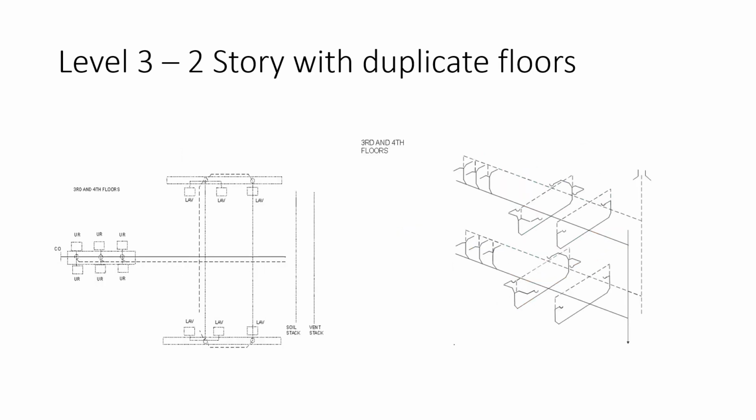Now, what I call a level three is when you're doing a two-story. They'll give you a diagram something like this, and they'll say it's the third and the fourth floor, and then what you'll have to do, of course, is convert it to a multi-story, which you see there on your right. That's where it starts to get a little intimidating, but it's not too bad.